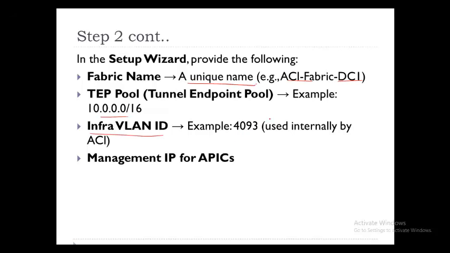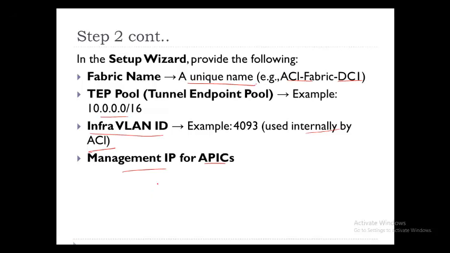Your wish, you can give any VLAN. Again, don't use that same VLAN anywhere later. It is used internally by ACI, whatever you give. Also give the management IP address for each APIC, which can be used to do HTTPS. If you want to change the IP other than the default, you need to give it.